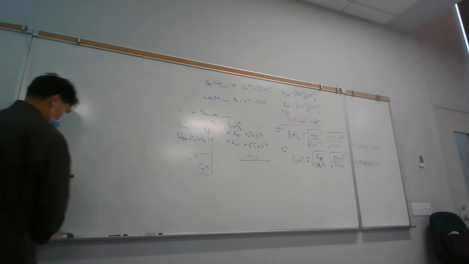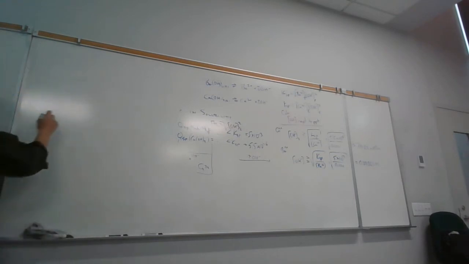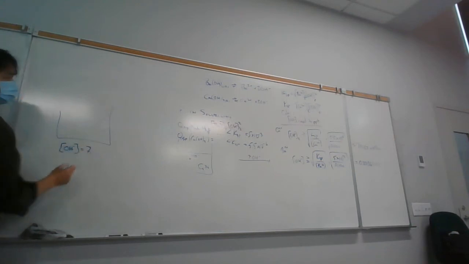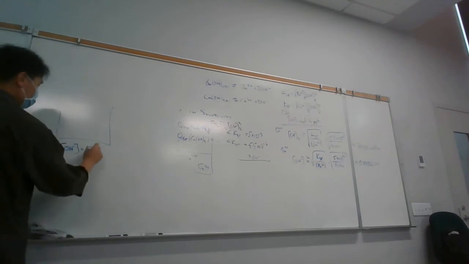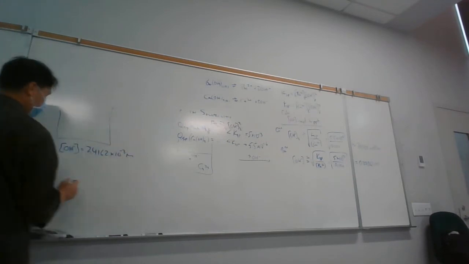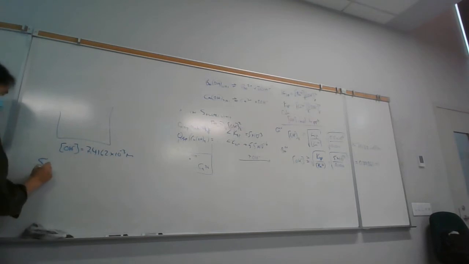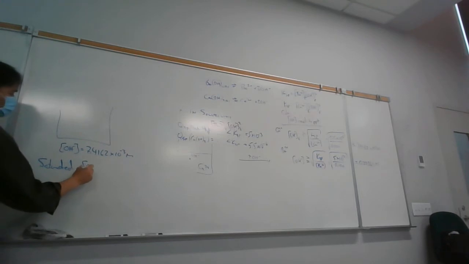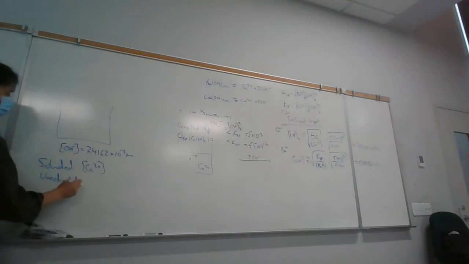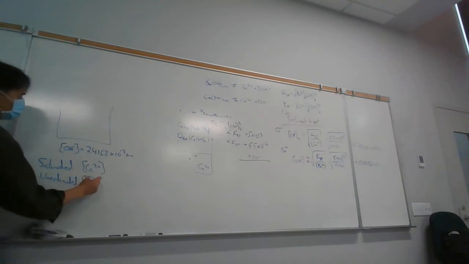So we just continue adding the sodium hydroxide until we hit a concentration. Once the hydroxide concentration hits 7.4162 times 10 to the minus 3 molar, then it's saturated with calcium, but unsaturated with barium.